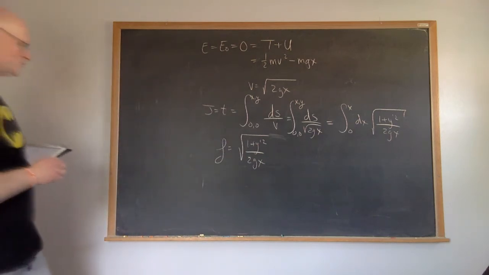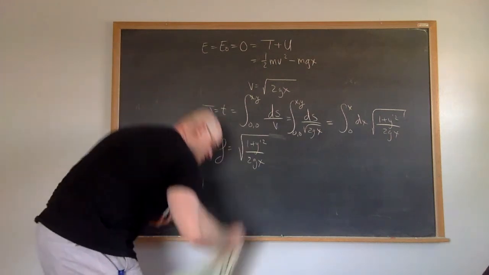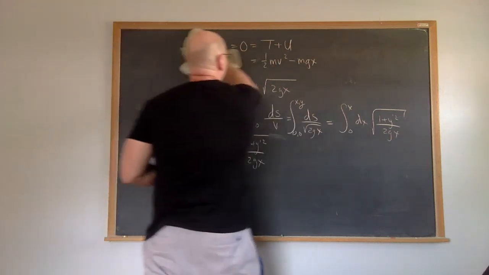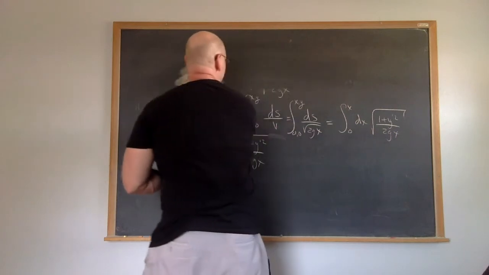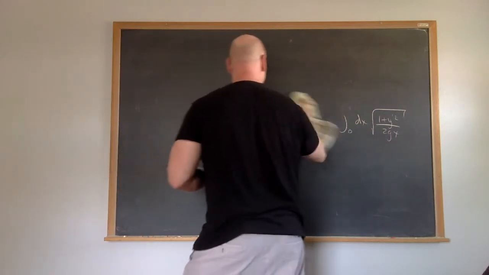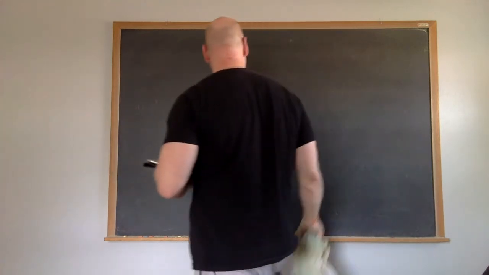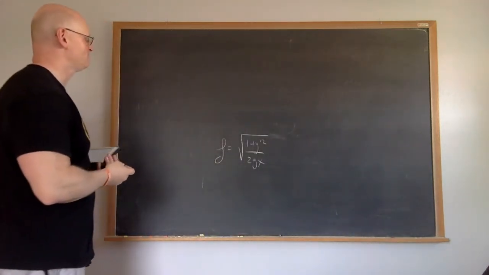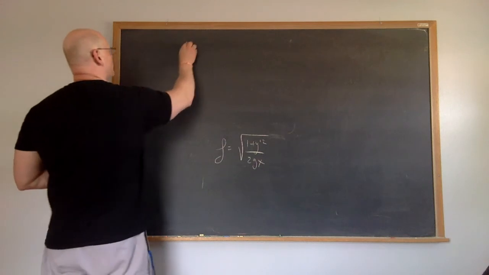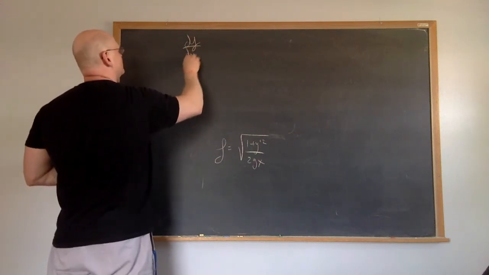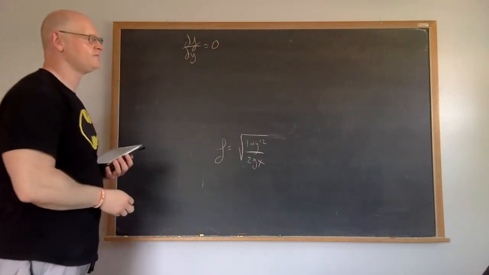So good. So to extremize this thing, find the path that actually extremizes, what we need to do then is what? Substitute this into Euler's equation, and then simply solve for the path y. Now again, f here has no dependence on y itself, which means that partial f with respect to y has to be equal to 0.